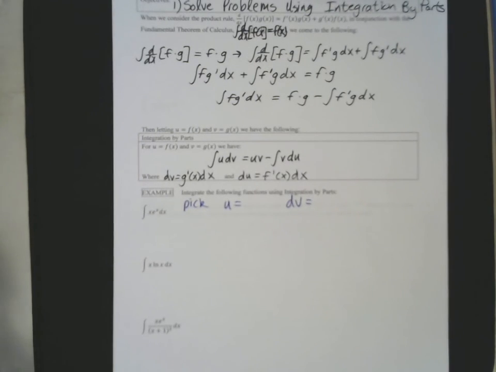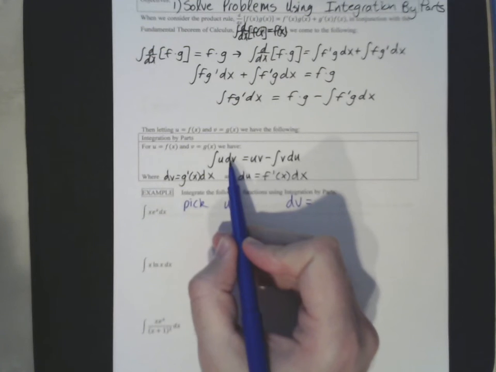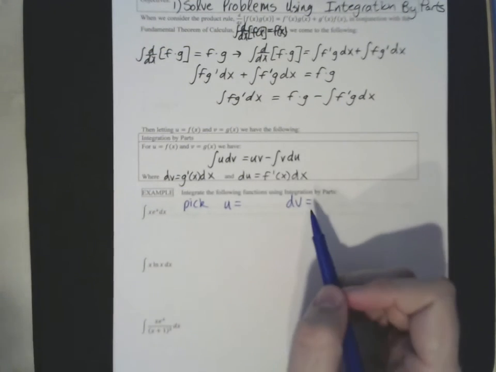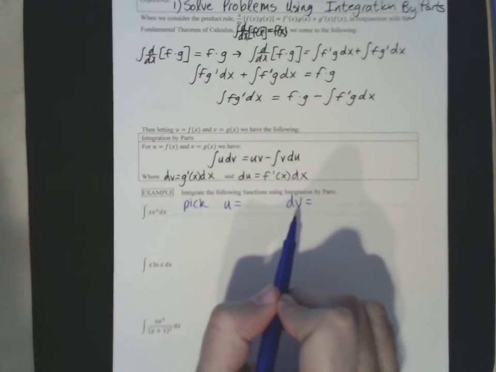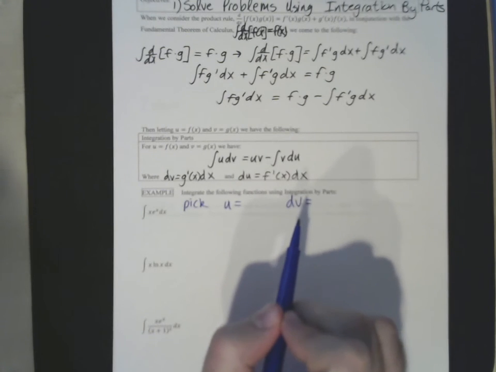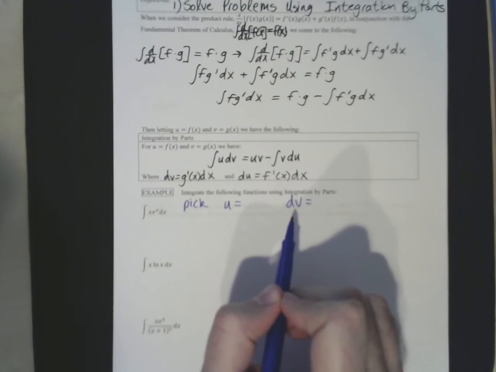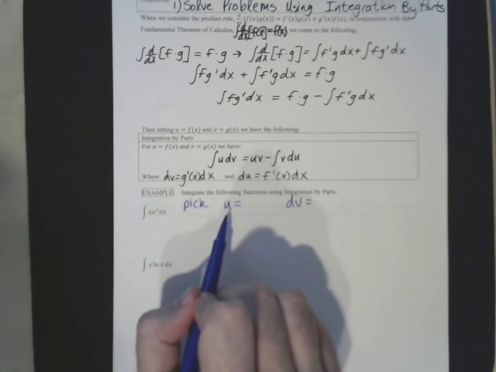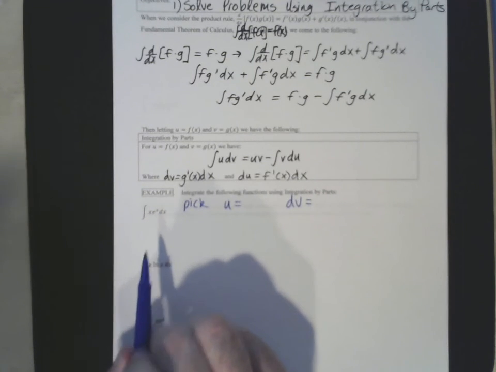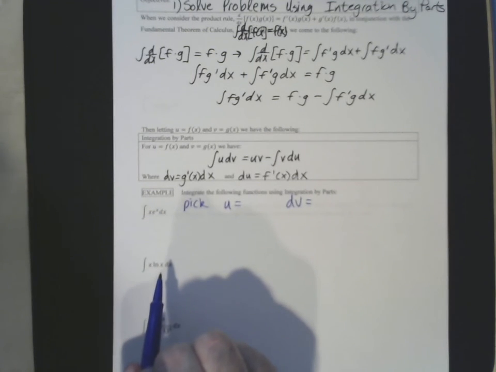That's what we always pick. So if we're looking at u dv, the idea is you pick your dv so that it's very easy to integrate. And you pick your u so that it's very easy to differentiate, find the derivative.